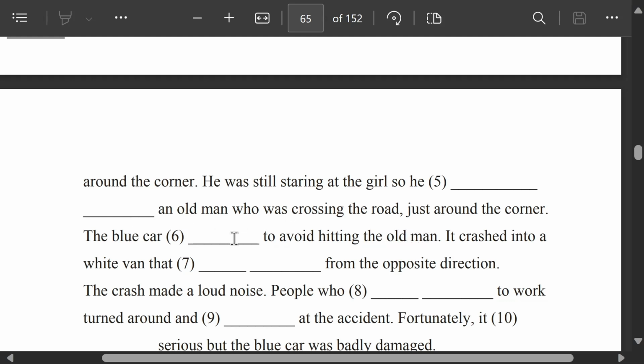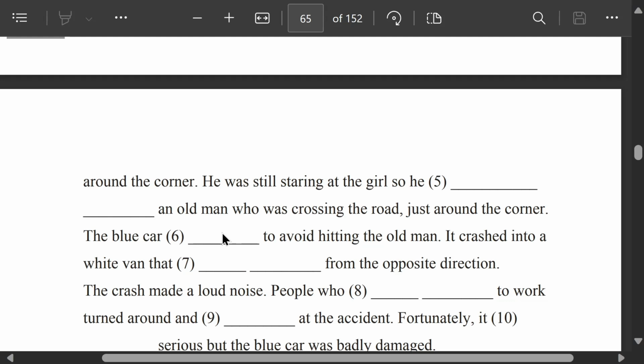The blue car, what was the verb here? Do you remember? No. To avoid hitting. What did he do to avoid hitting? I remember it was not an uncommon verb. Like he turn around is another way. So there was a verb for that. Do you remember? The blue car.